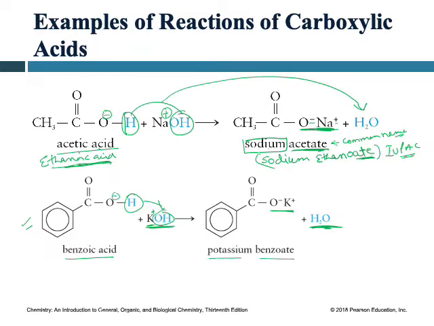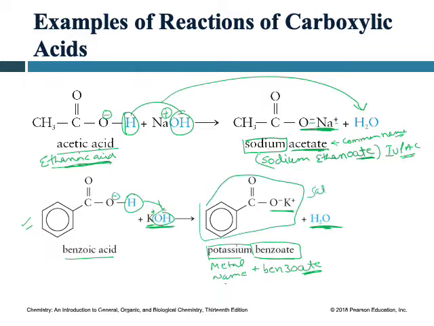If you know how to name it, metal name first, then the parent chain, which should be benzoic, but because this is a salt, we are going to write benzo and then ATE at the end. So that's why the name of this salt product is potassium benzoate, right?